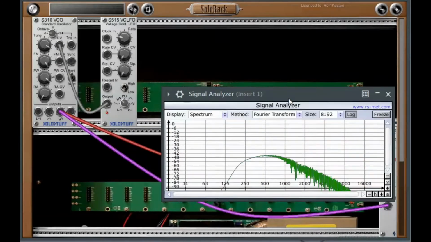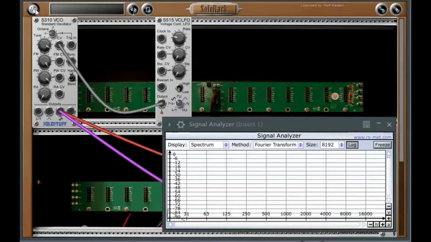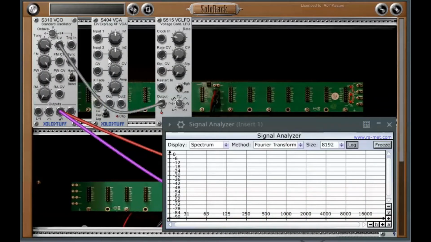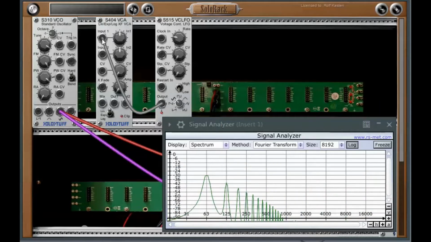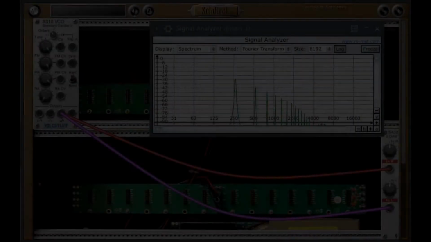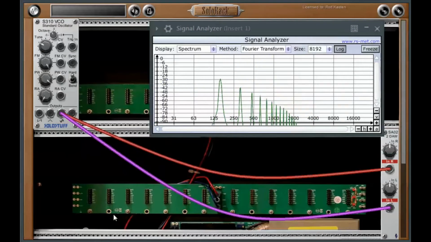Well, I insert an amplifier module between the LFO and the VCO to determine the range of frequency shift. The range of the tune knob is 12 semitones, 1 octave.